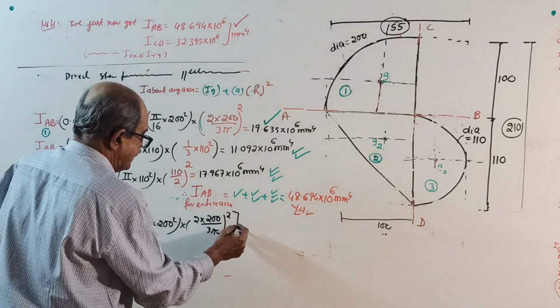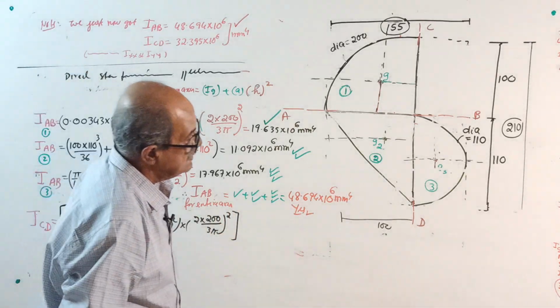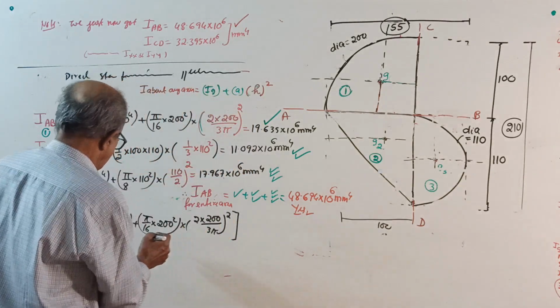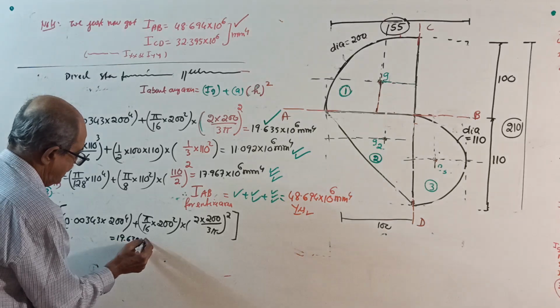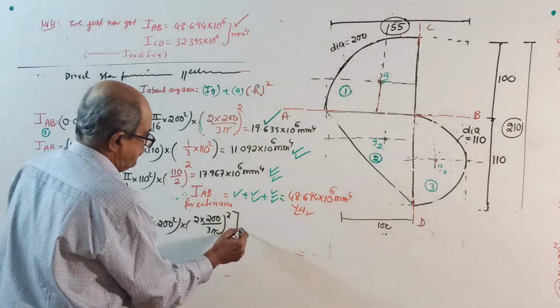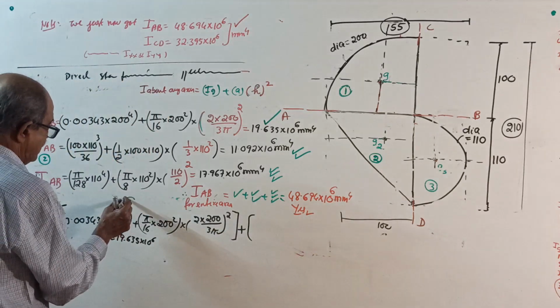This will give for figure number 1. This answer will come 19.635. I already calculated. 19.635 10 to the power 6, plus figure number 2. This is for 1. Remember, this is for 1. Okay.